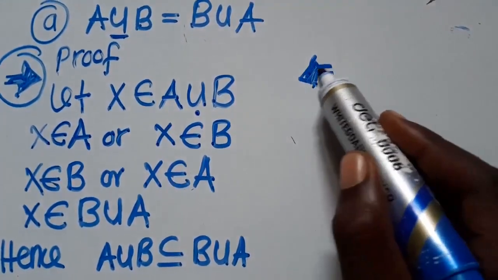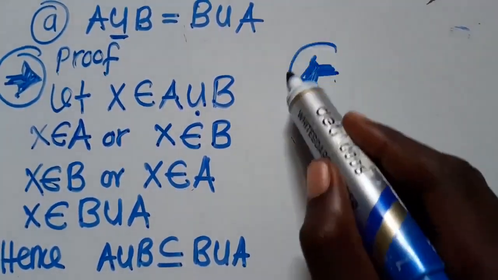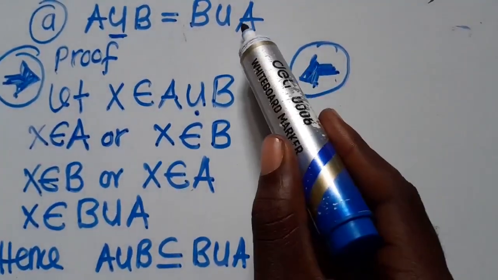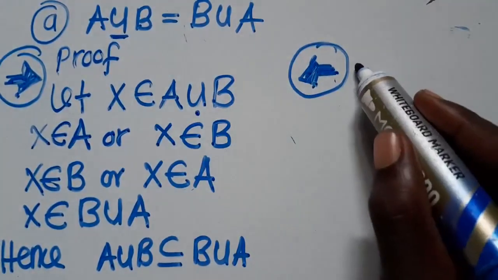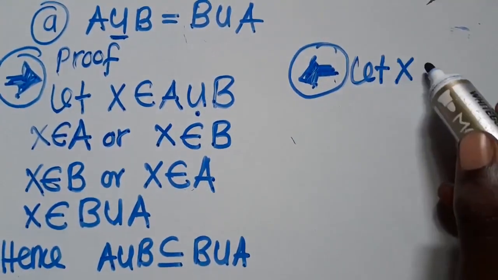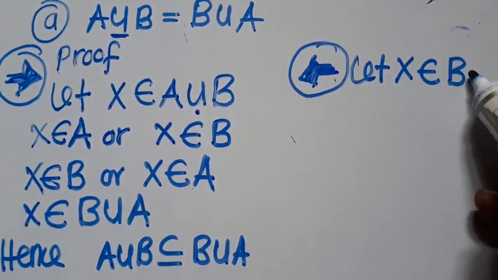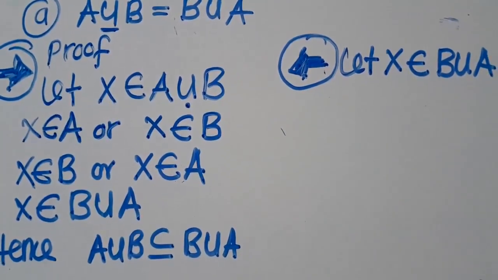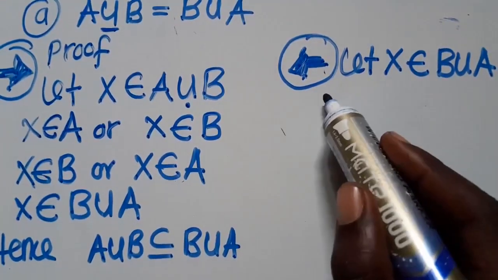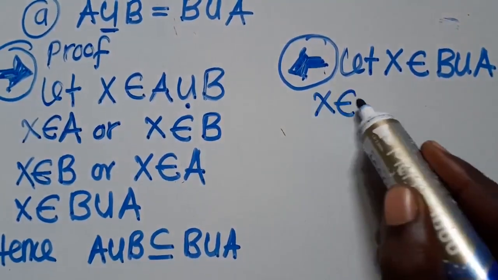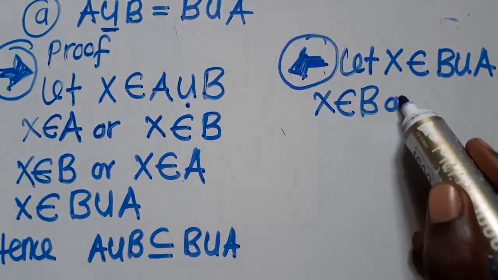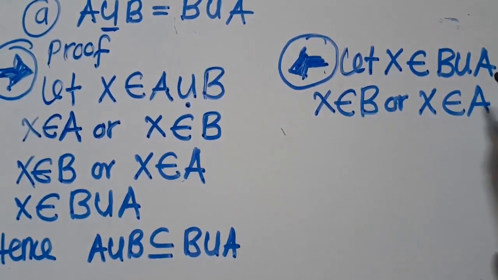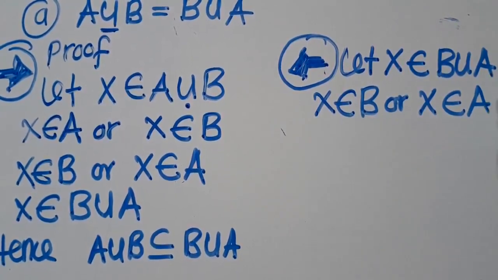This is how I'm doing. I'm starting from here going this side. Let X be a member of B union A. This now means that X is a member of B, or X is a member of A. I'm just interpreting what is on top there.